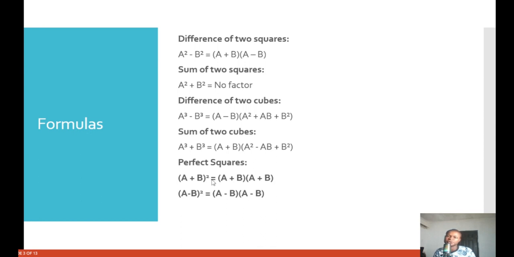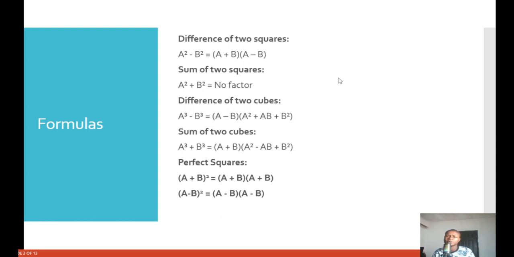So we have a perfect square expression that can be expressed like this. Oftentimes we normally misuse perfect square and difference of 2 squares. Once we see an expression like a square minus b square, it is quite different from a plus b all squared, and the way we express them is actually different.